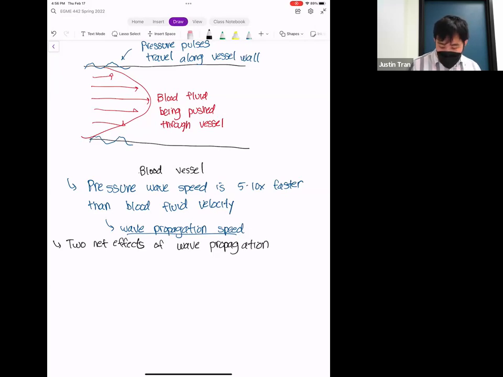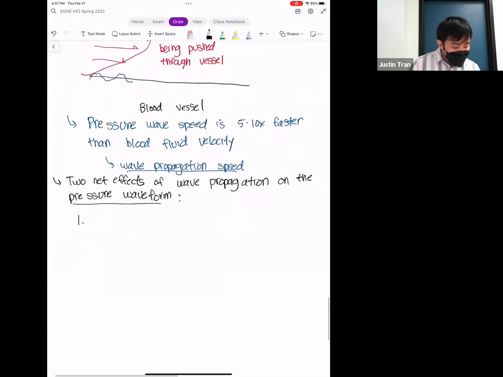And in particular, I want to talk about their effects on the pressure waveform that you observe. Okay. And so number one, as you get further away from the heart, the peak systolic pressure tends to increase.